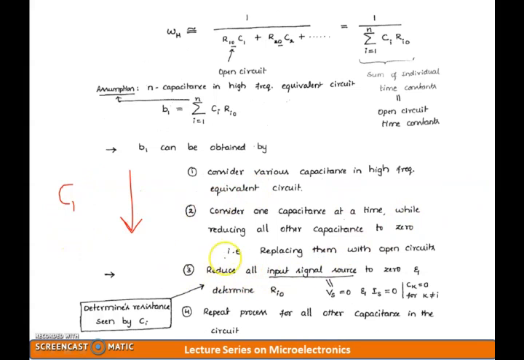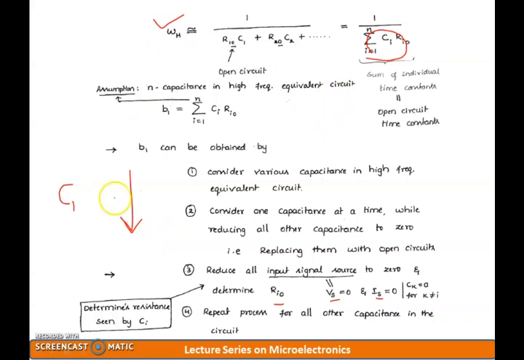And when I do that, I am also going to reduce the input signal to 0 and determine the R input. So basically I am going to make Vs 0 and Is 0 and determine the R input. I am going to repeat all these steps for the different values of R and C present in the circuit, and then I am going to sum up all the R and C values that I have obtained and obtain the omega h value.